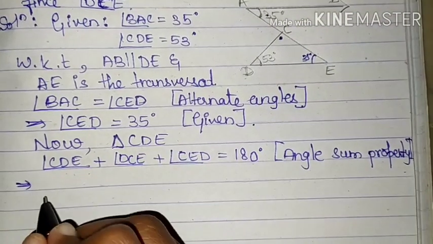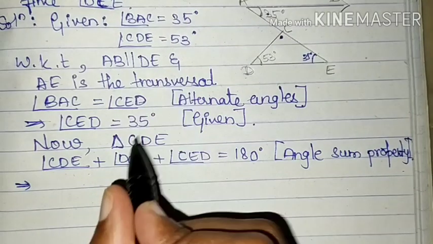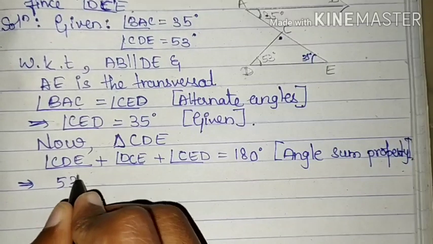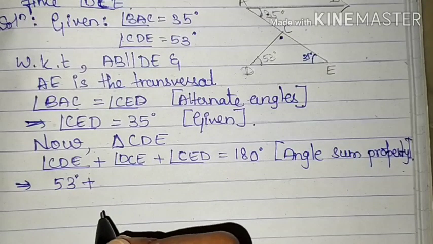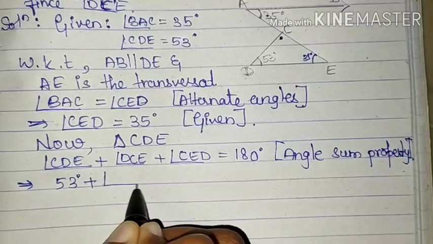So this implies angle CDE, which is given to us as 53 degrees, plus angle DCE. We don't know the value of angle DCE. That is what we are supposed to find, so keep it as it is.